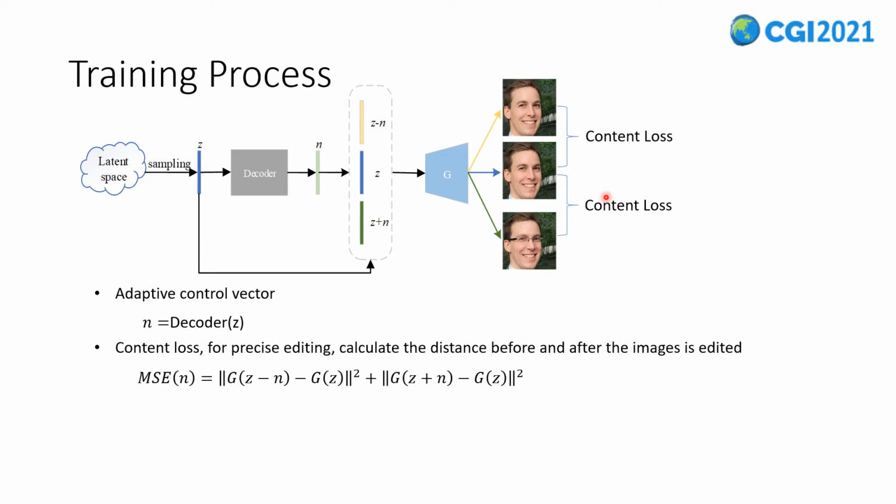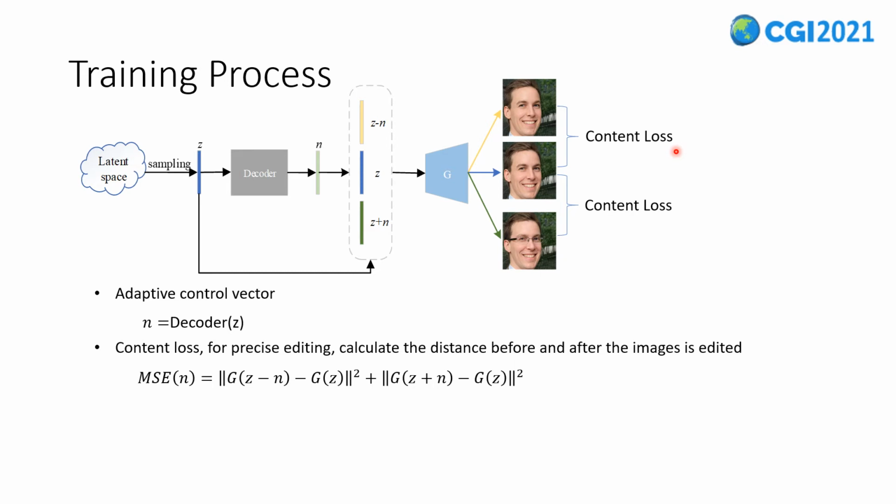The first one is content loss. We calculate the L2 norm distance before and after the image editing. We hope this is as small as possible, so that only the target area is edited as much as possible.